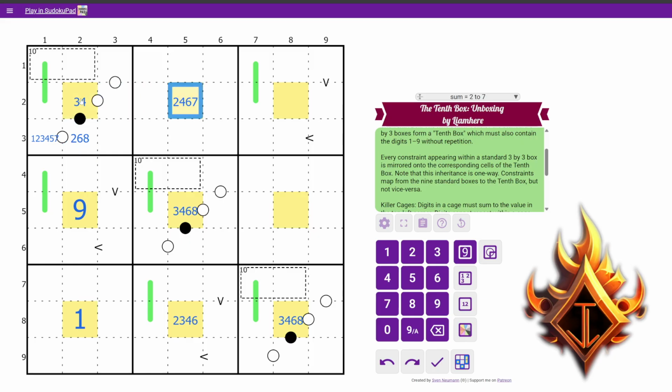This one becomes 7 or 6. This can be 2, 1, 4, 5. 3, 2. 5, 6.